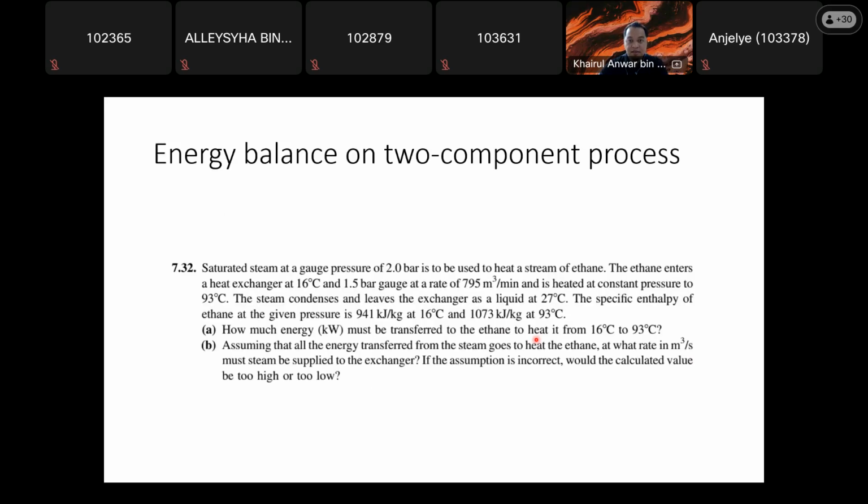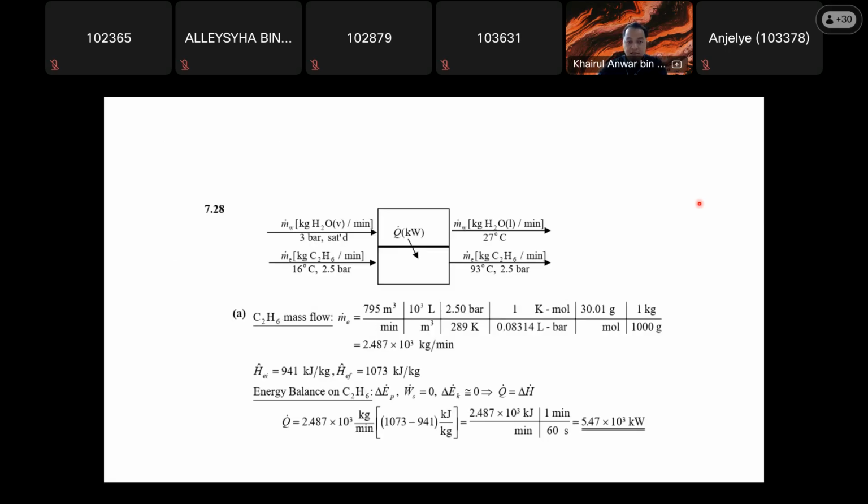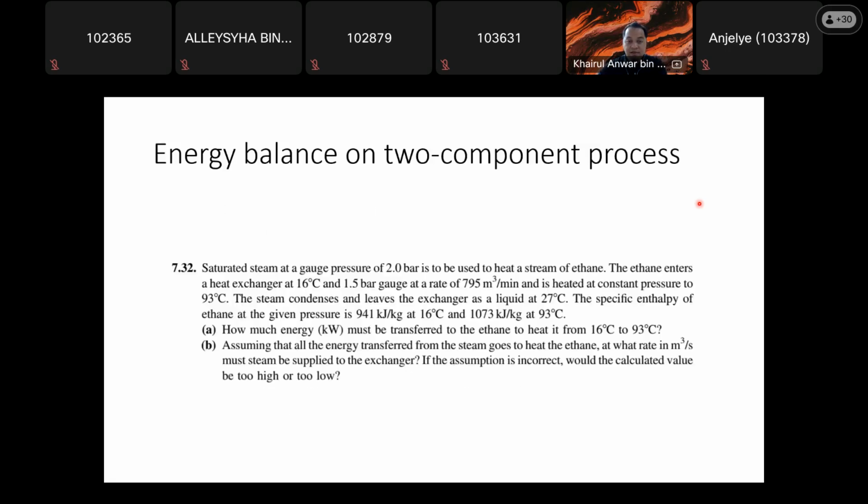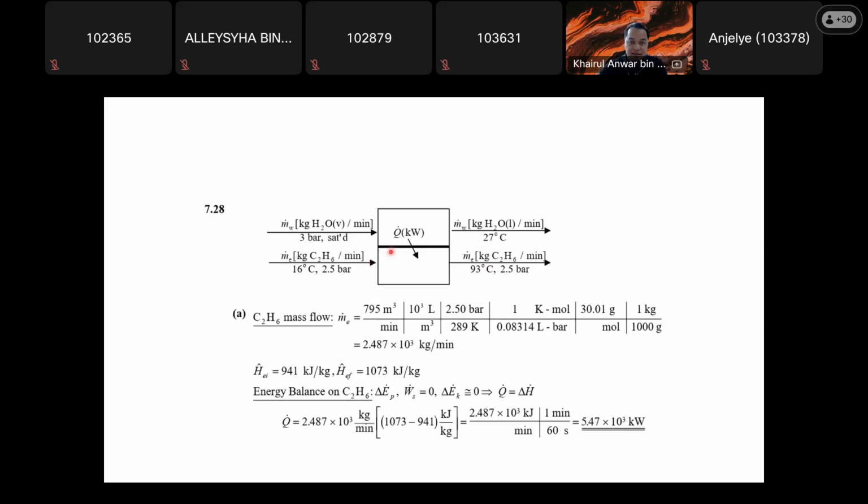So first thing, we have two components. First thing you need to do is draw the diagram. We have two inlets, but the inlets are not mixed because this is a heat exchanger. You see the separation, the separator.